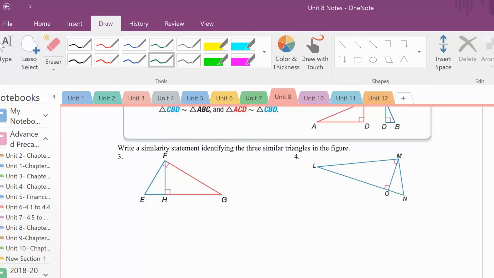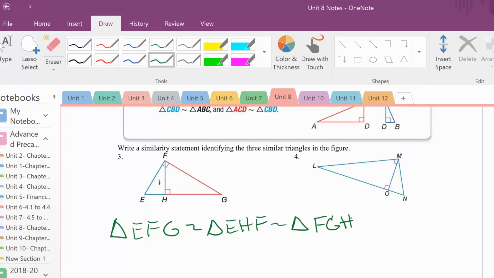If you want to write a similarity statement identifying these three similar triangles in the figure, you could say triangle EFG, which is the bigger triangle, is similar to triangle EHF, which is the small one here, which is similar to triangle FGH.